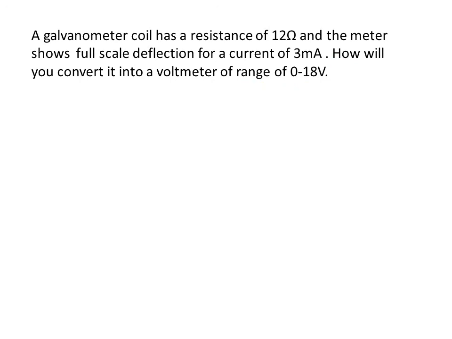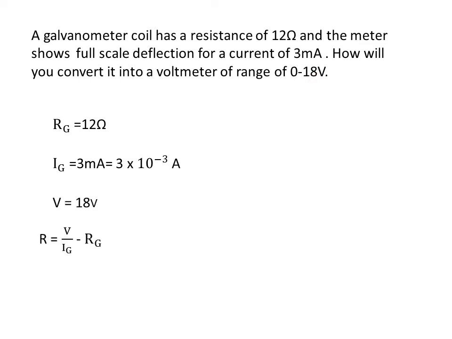So the resistance of the galvanometer is 12 ohm. So Rg is 12. The maximum current that can flow, that is Ig, is equal to 3 milliampere or 3 into 10 raised to minus 3 ampere. We are going to convert it into a voltmeter of range 0 to 18. So the maximum value of voltage across the voltmeter is 18. That is V is equal to 18.